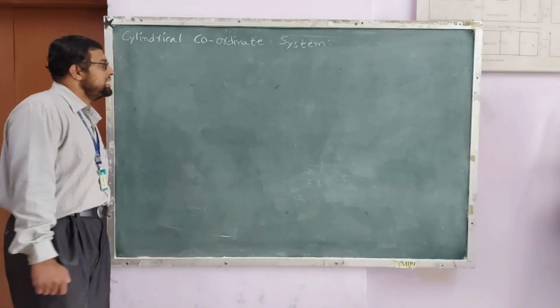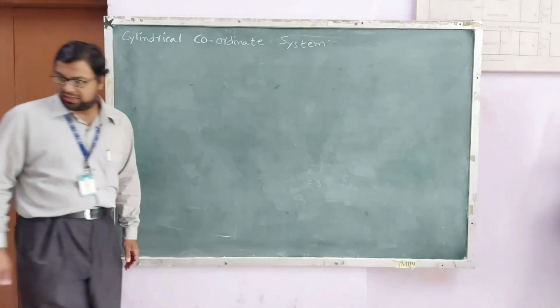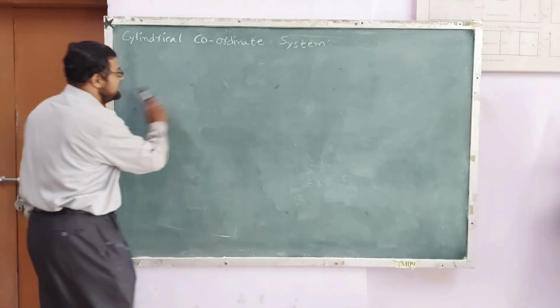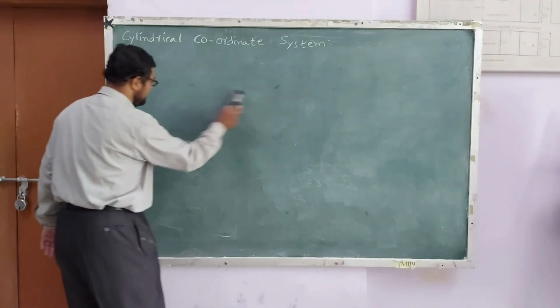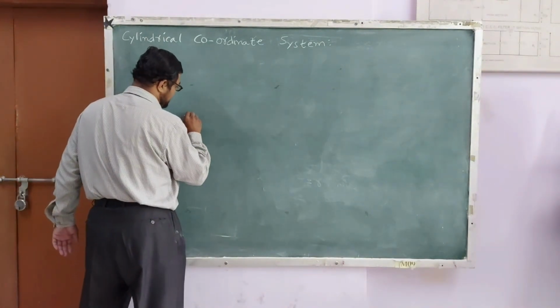So in the case of a cylindrical coordinate system, we have to consider a cylinder first. So I will draw a cylinder here.